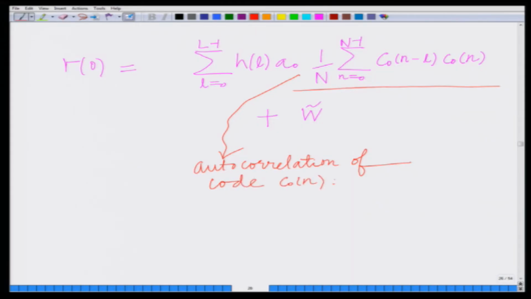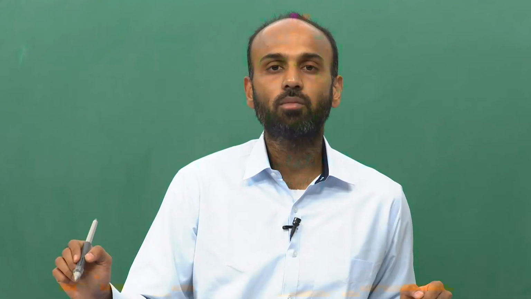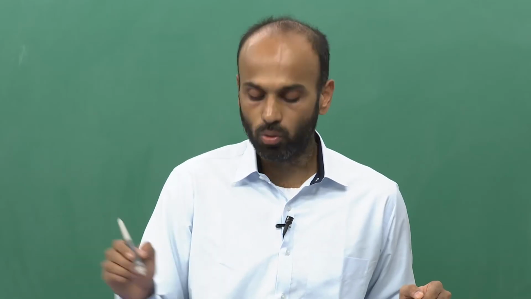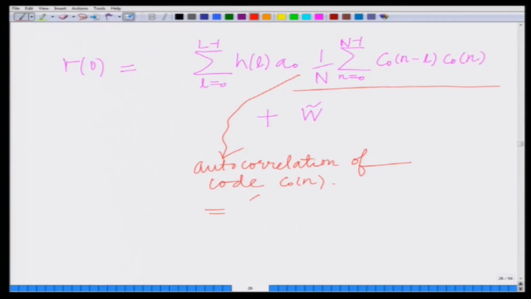This is the autocorrelation of the code C naught of n, and we have already seen the autocorrelation properties of the PN sequences. This autocorrelation is equal to 1 if L is equal to 0, and equal to minus 1 over n, which is approximately equal to 0, if L is not equal to 0.